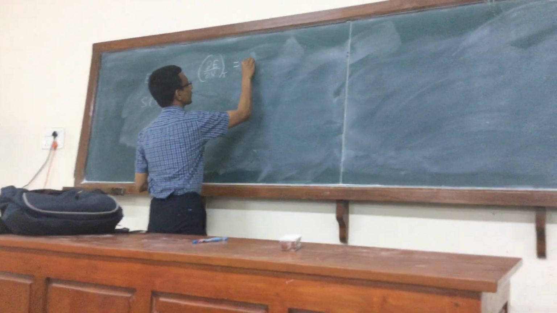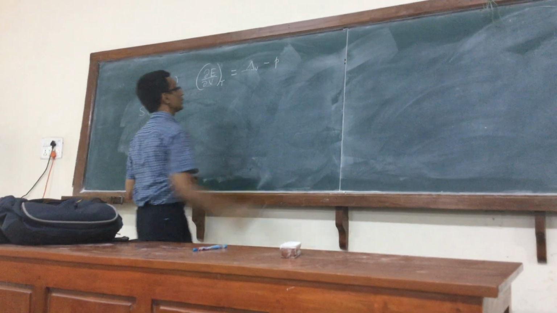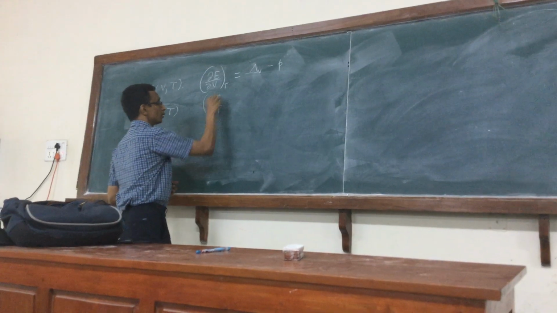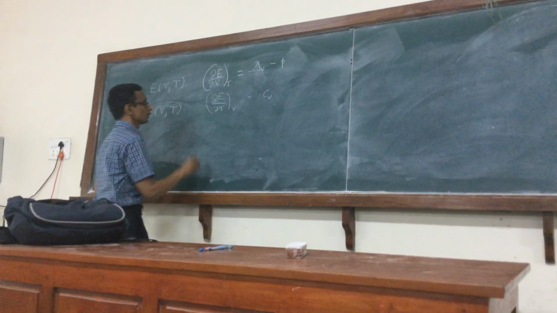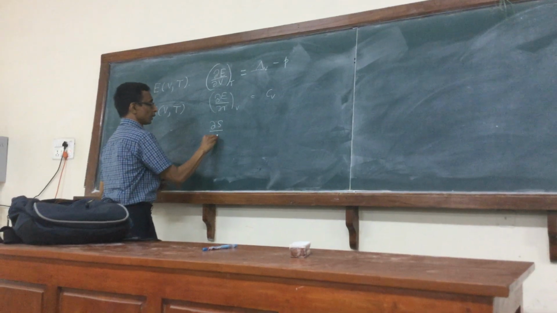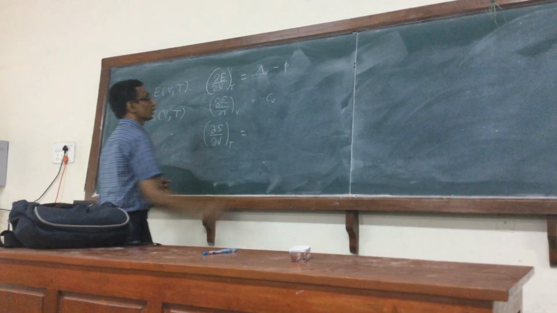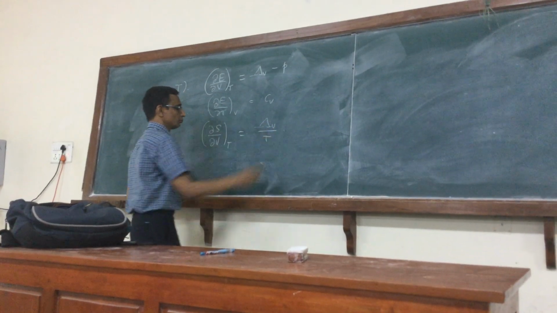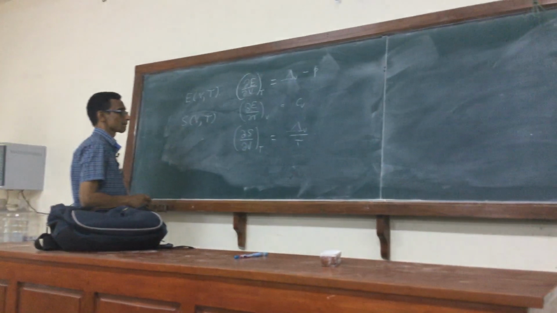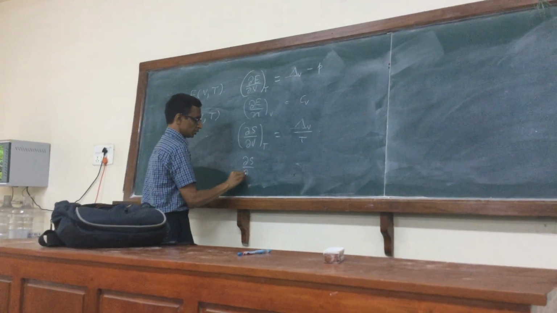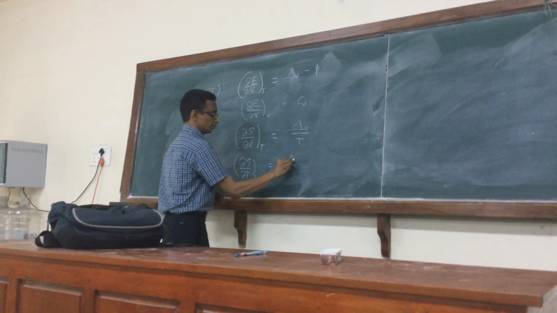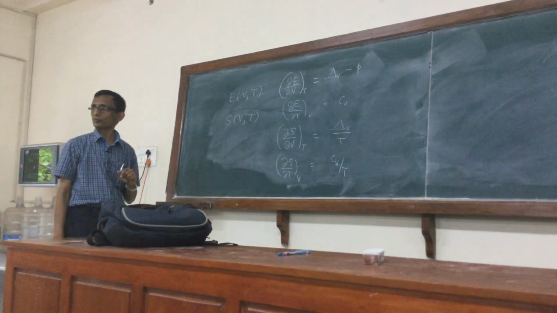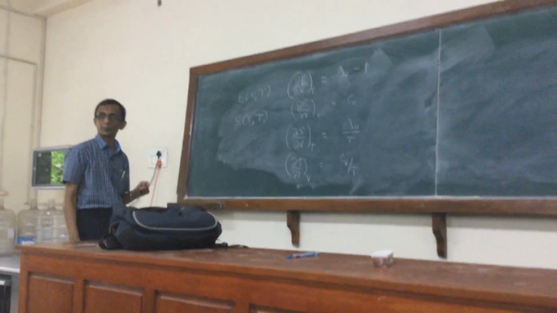So I can write this as lambda V minus P, and then dE by dT is equal to Cv, and dS by dV at constant T is given by lambda V by T, and dS by dT is Cv by T. We will get rid of lambda V once and for all from the picture, because we are not going to be dealing with that.